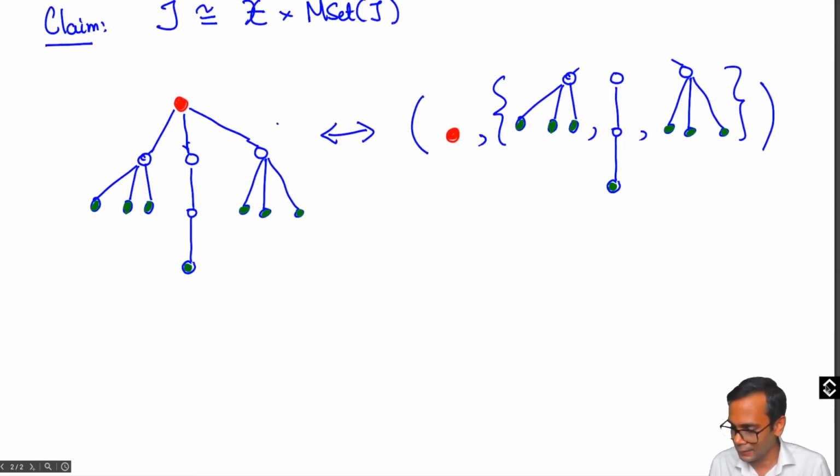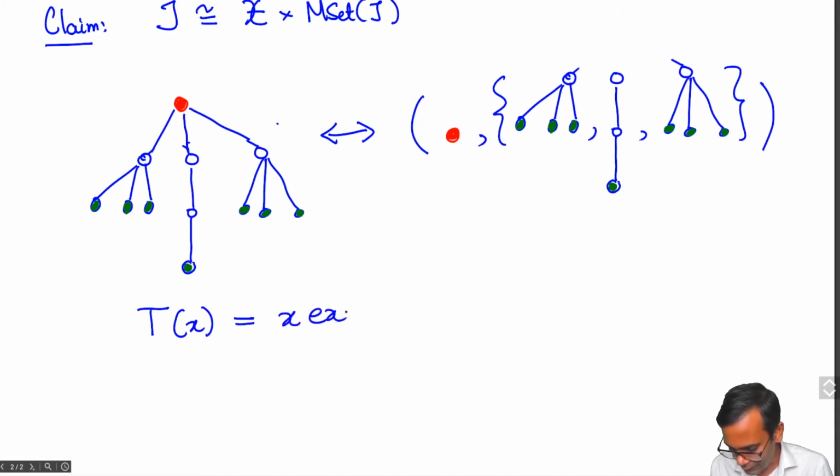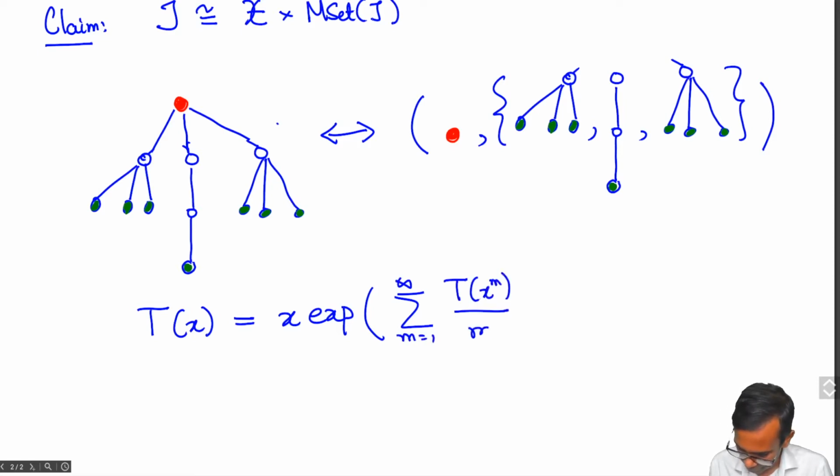But what does it tell us about the generating function for trees? It tells us that the generating function of rooted trees satisfies the equation T(x) equals x times the multi-set expression, exp of the sum over m from 1 to infinity of T(x to the power m) divided by m.